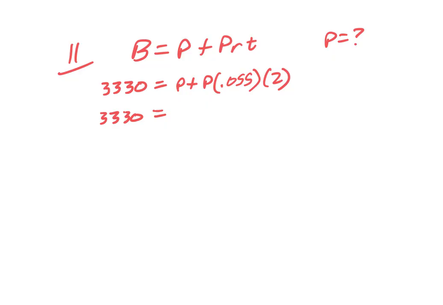How much? 0.055 though. What'd you get, Isaiah? 0.11. Yeah. Okay, 0.11. And think about it this way. If I have 5.5% and I double it, if I double 5.5, that would just be 11.